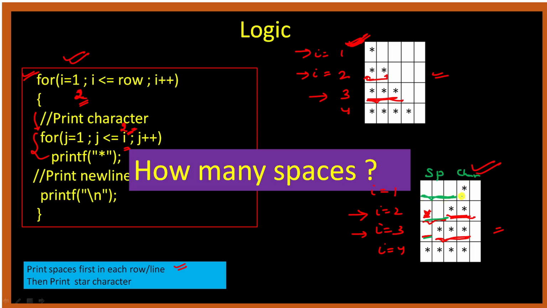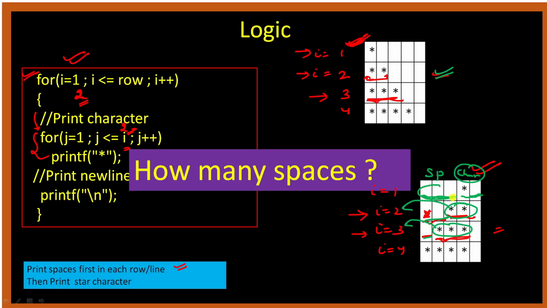How many spaces and how many characters? For the characters we already know how to handle it. If I equal to 1, only that number of characters should be printed. If I equal to 2, the loop to print the stars should be handled by this.